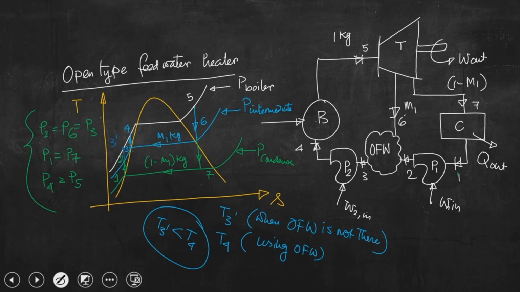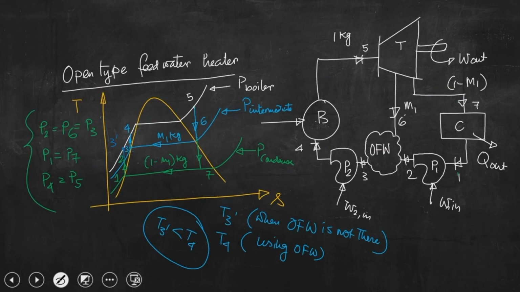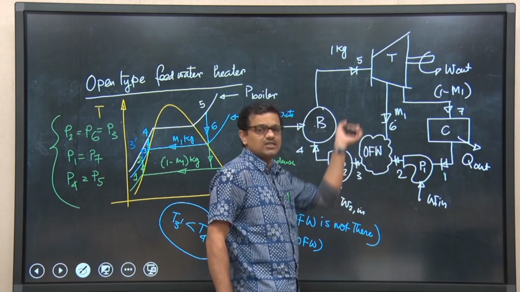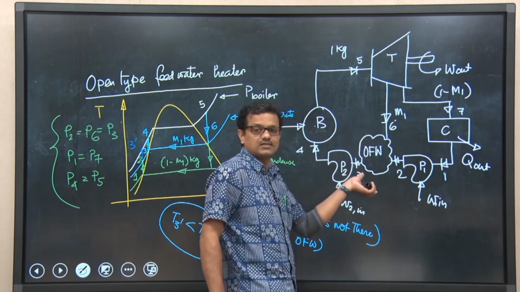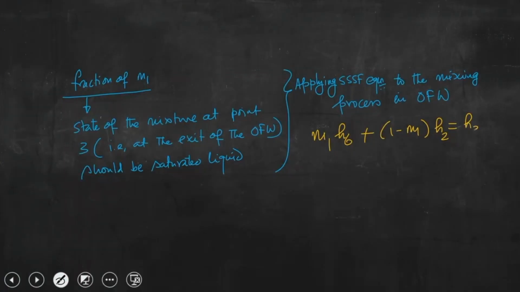So, this is very important. 1 minus M1 into H2 is equal to H3, because eventually M1 plus 1 minus M1 is 1 kg. So, 1 kg of working substance we will be getting at state point 3, which is H3. So, you can understand what M1 would be.